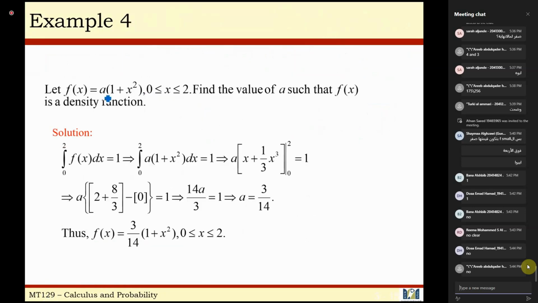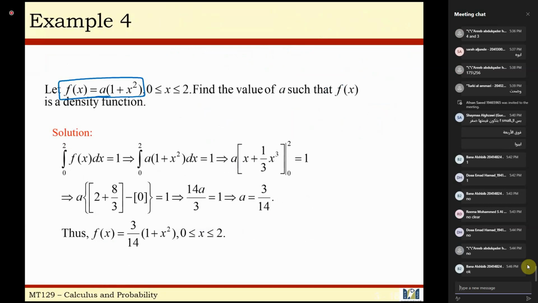Look at this example. Also we have an unknown and the interval from 0 to 2. We need to find a. If we need to find a, the integral from 0 to 2 of f of x, a plus x squared, dx, must be equal to what? Equal to 1. What's the integration? a x plus x to the power 3 over 3.